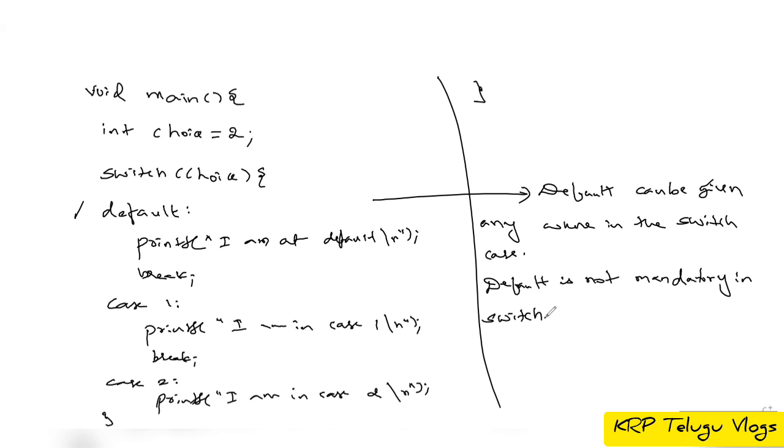If you don't give default also, that's fine, it won't throw any error. Okay, note down this. So output is "I'm in case 2."